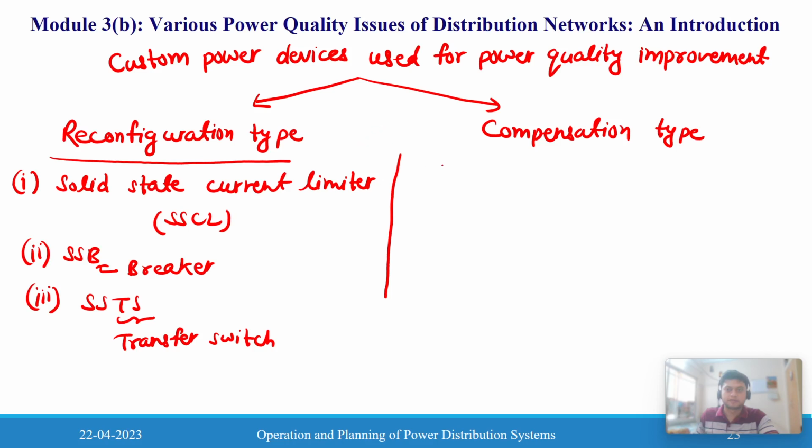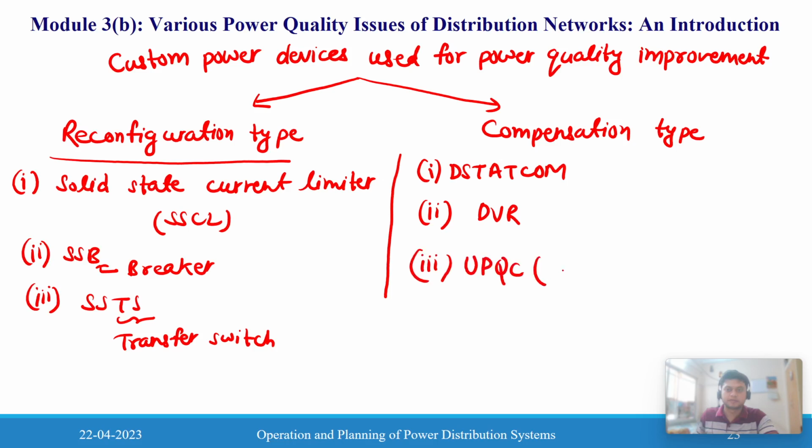While on the compensation type, we have D-STATCOM, distribution STATCOM, and then we have DVR, then we have UPQC. It is a combination of D-STATCOM plus DVR.